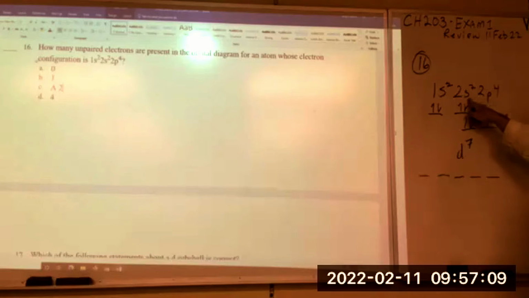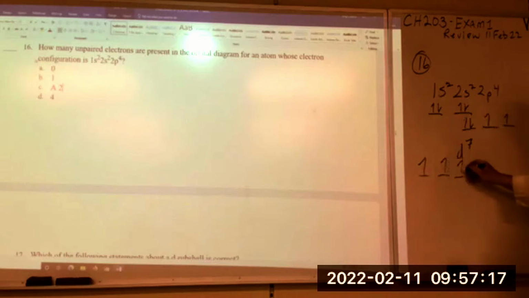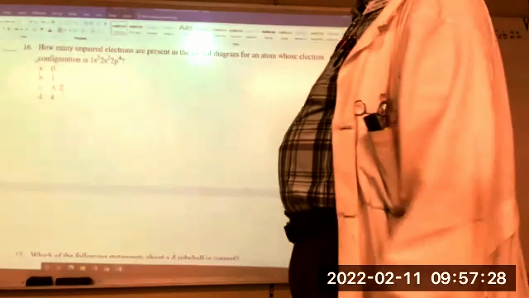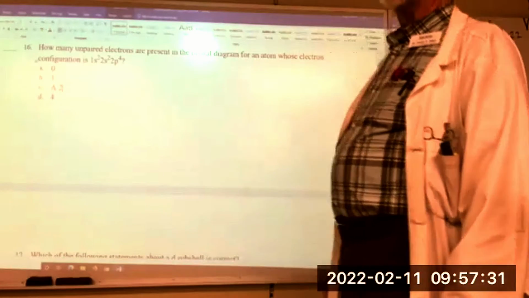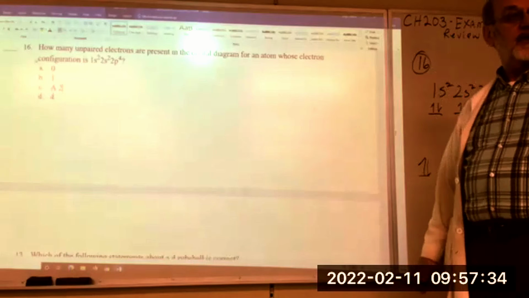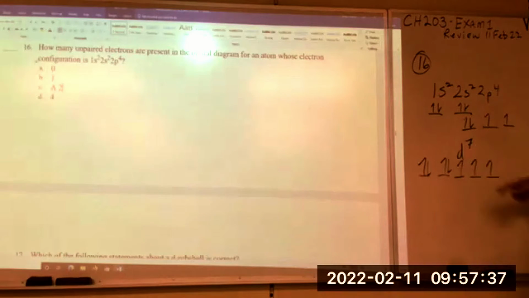And for s, the quantum number is 0, so it can only have 1. All right, so the 7 would be 1, 2, 3, 4, 5, 6, 7. You would have 3 unpaired in that. It could be cobalt. That's a possibility. Cobalt would have 7 d electrons, based simply upon where it is in filling the transition metals.